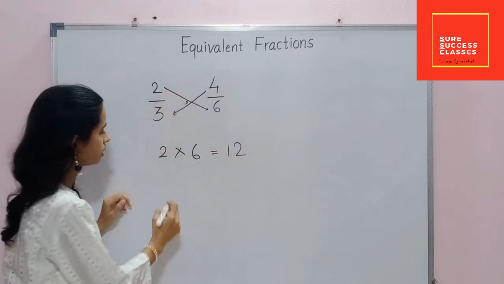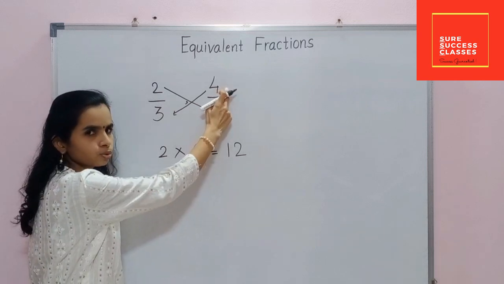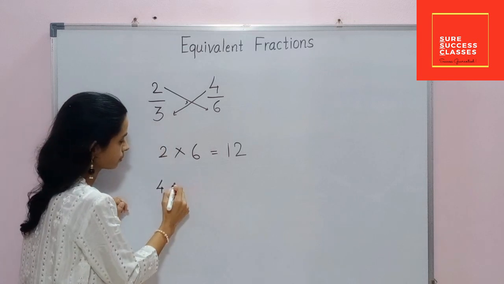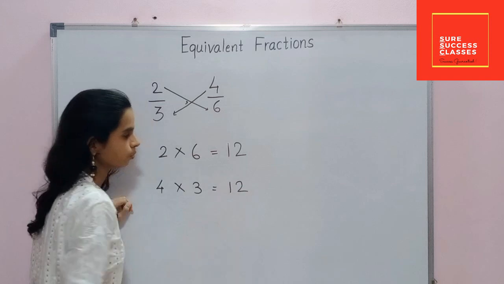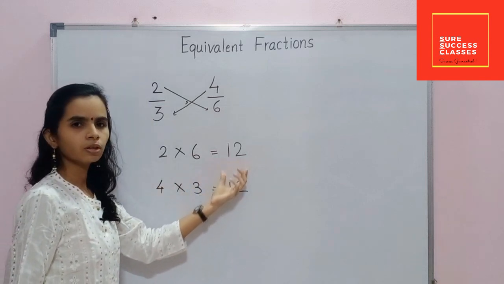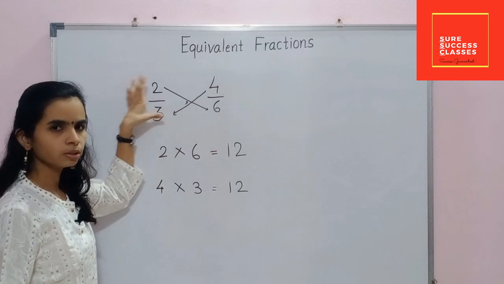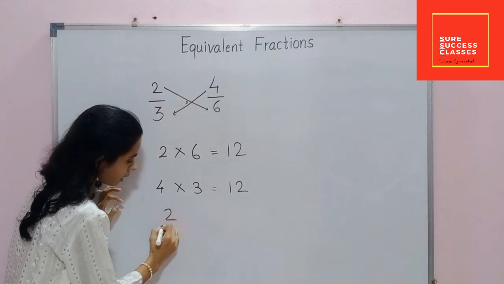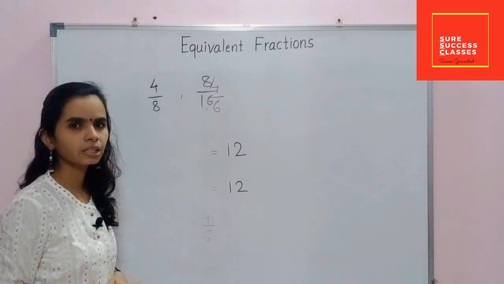Then we will multiply the second fraction's numerator with the first fraction's denominator. It is equal to 12. Here we have got the same value, that is 12, means these two given fractions are equivalent fractions. We can write them as 2 by 3 is equal to 4 by 6.